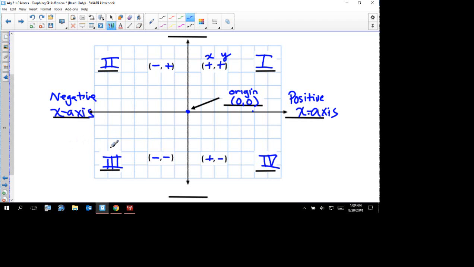And we'll do the same thing for the y values. All the way at the bottom will be which? Negative y-axis.